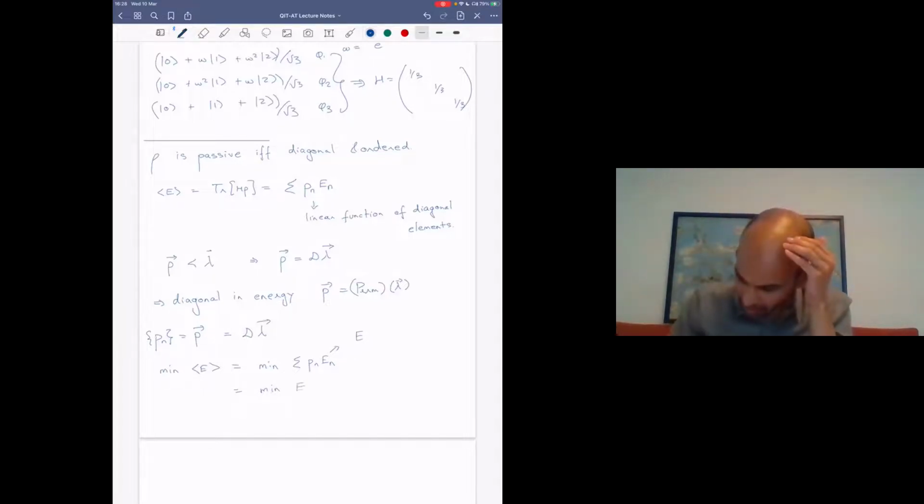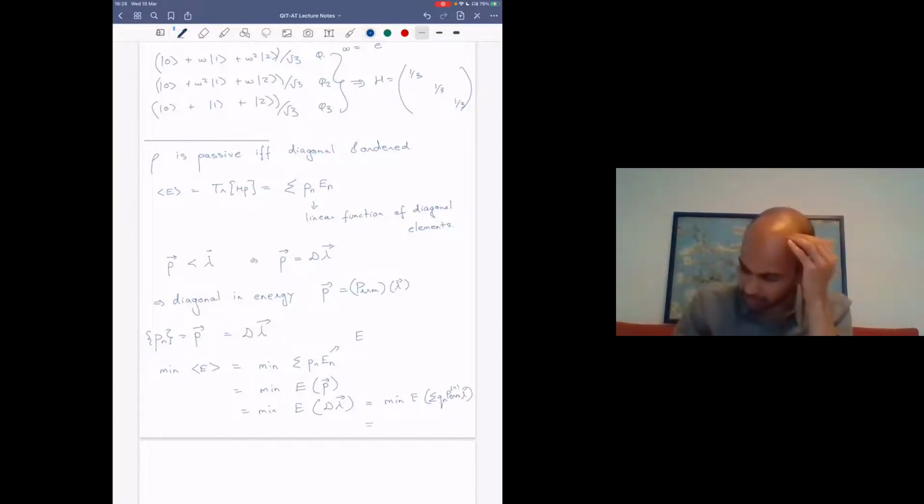So it's the minimum of this linear function on the vector P, which is the minimum of this linear function on D times lambda, which by the same thing that we argued before is the minimum of E times a convex combination of permutations on lambda.